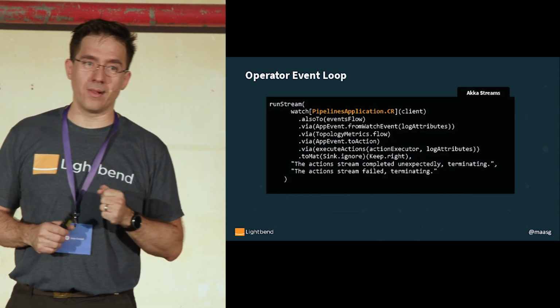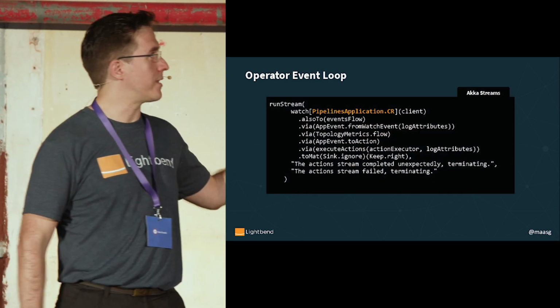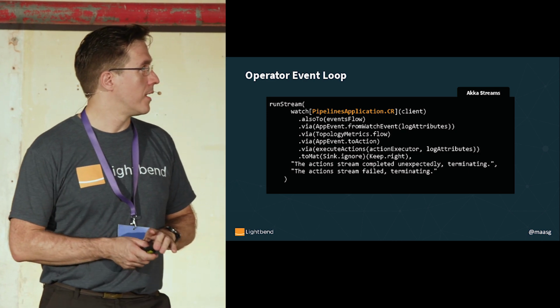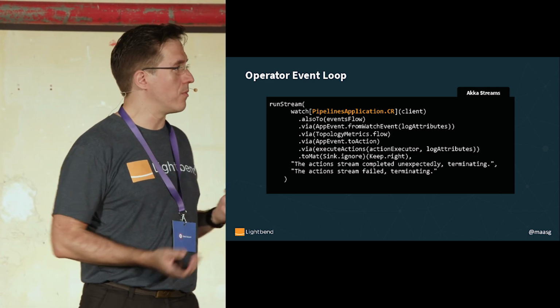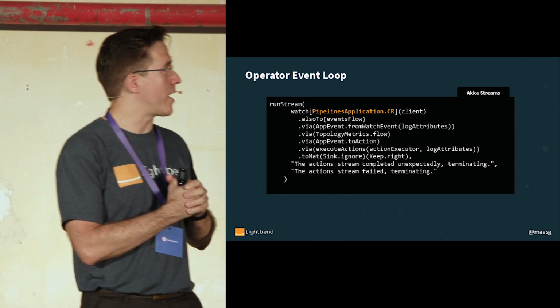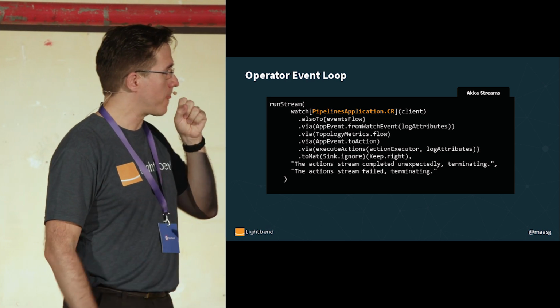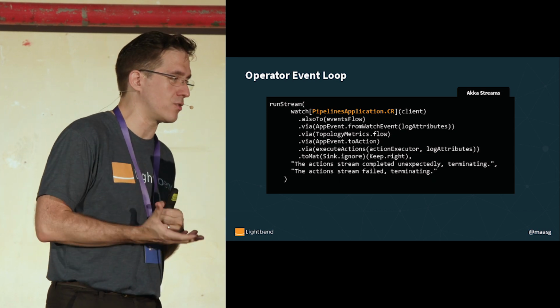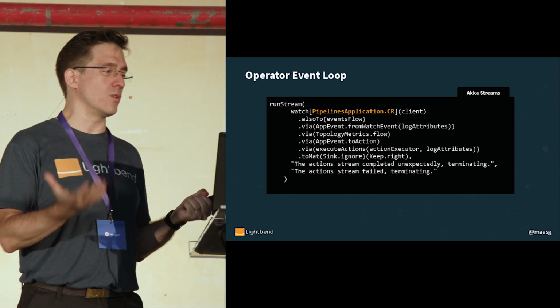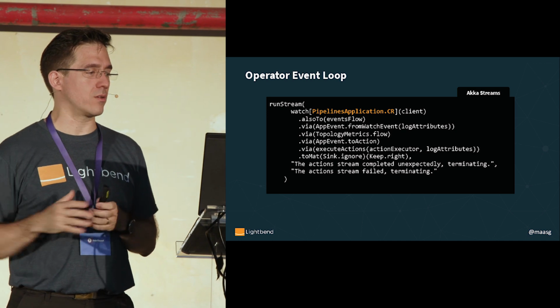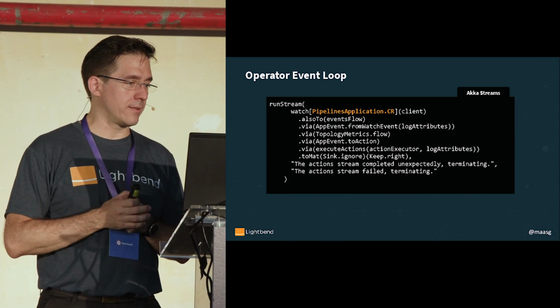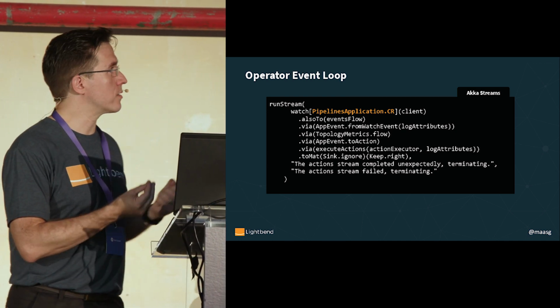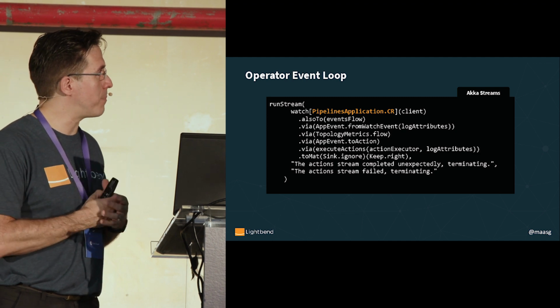This is an example of one of our own implementations. You see it's kind of readable in the Akka Streams DSL. We are watching this pipelines application custom resource, so all the events related to that. We are also sending those events to a parallel event called the event flow. And I am going to log some of the events that are happening there.